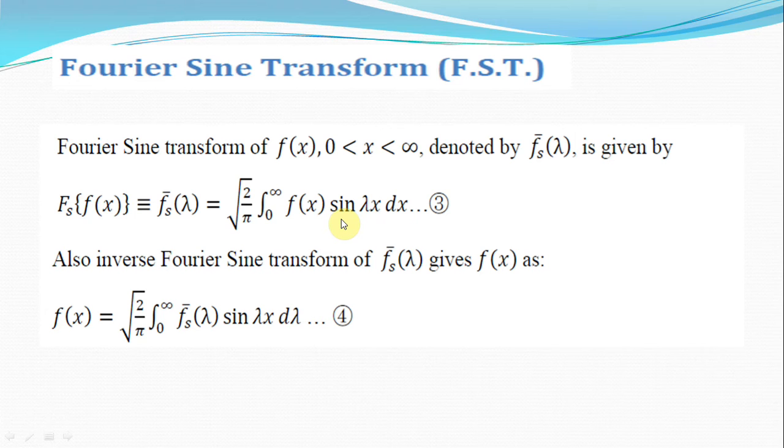Also, we have the inverse Fourier sine transform, which is represented by f of x equal to root of 2 by pi integral 0 to infinity fs bar of lambda sine lambda x d lambda. This is the formula for the inverse Fourier sine transform, and this is for the Fourier sine transform.